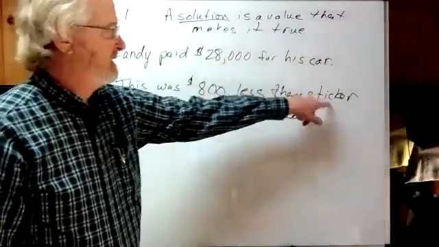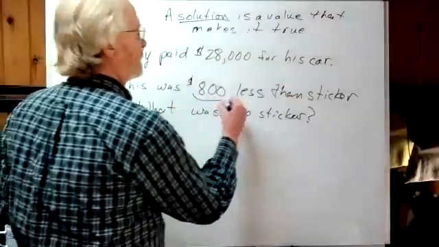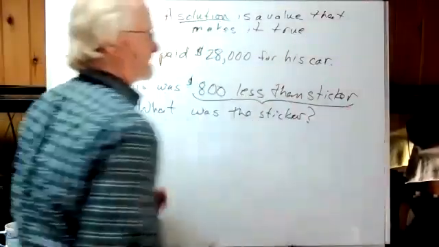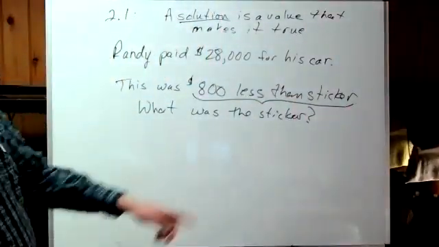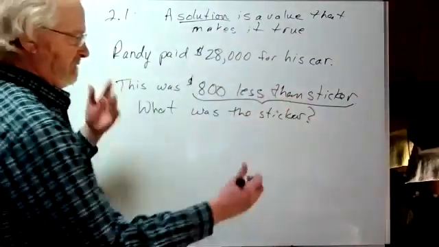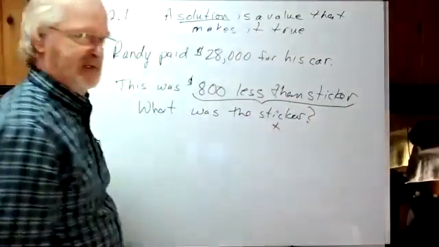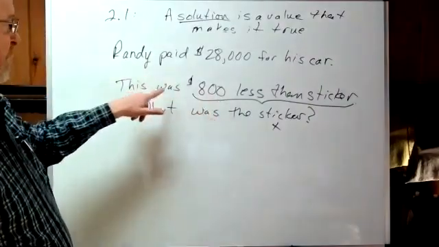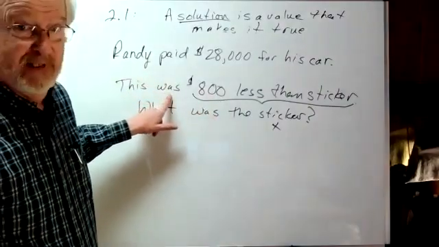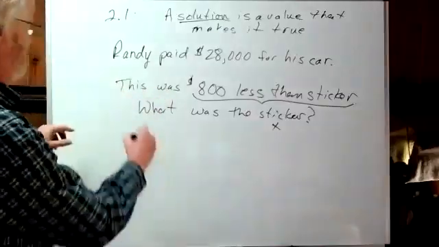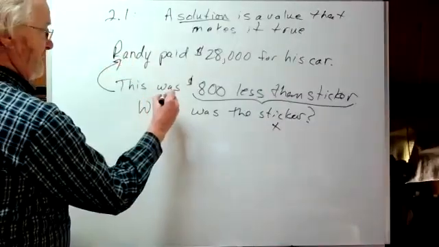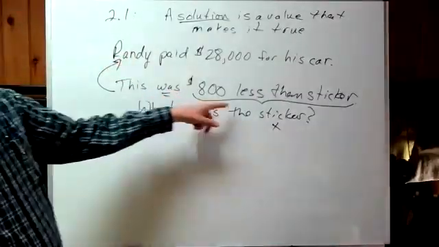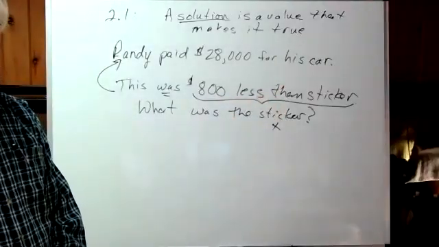800 less than the sticker. There's an expression. Sticker is the unknown, right? x or S or whatever. This was, that's like past tense of is, right? This is 800 less than the sticker.